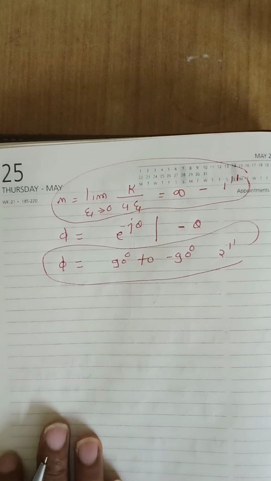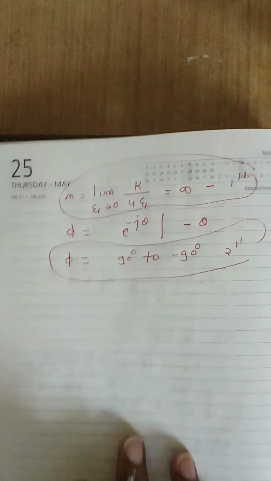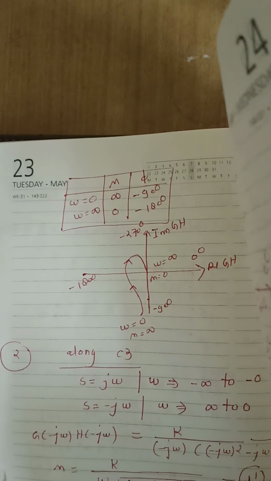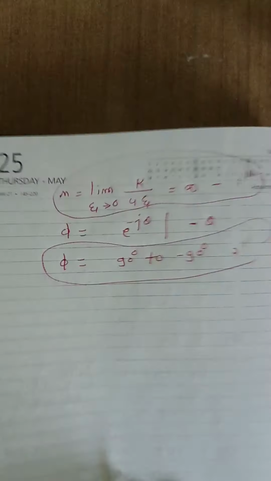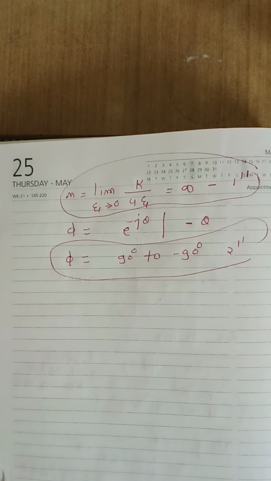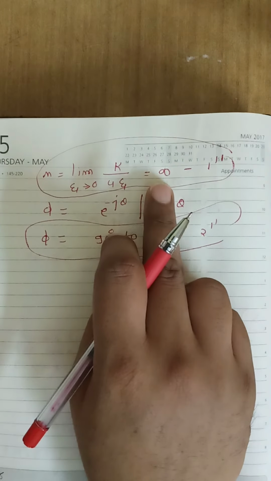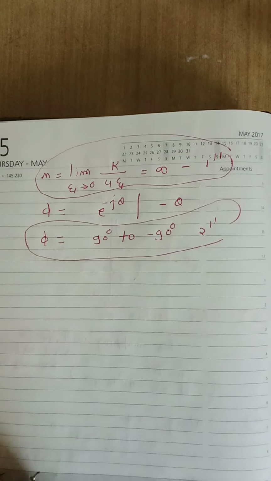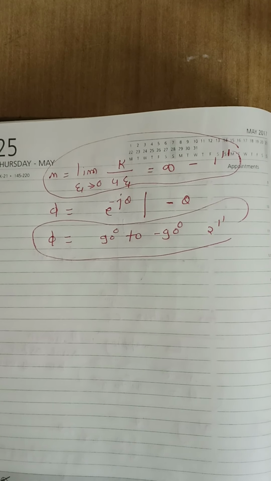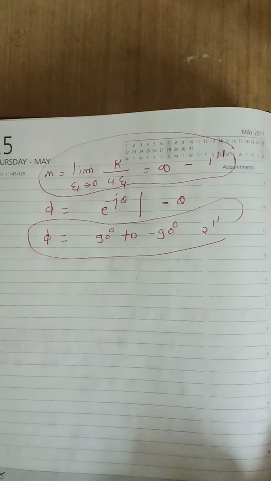That means we can map section C4 from the S plane to the GH plane according to a semicircle of infinite radius, and phase angle will vary from 90 degree to minus 90 degree.